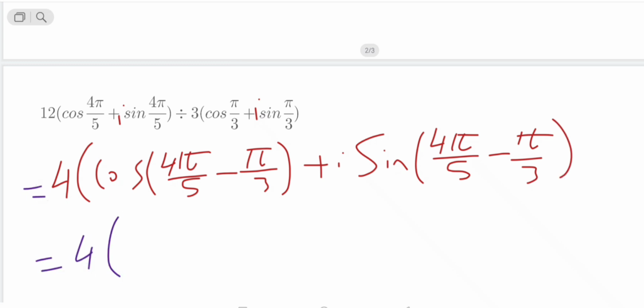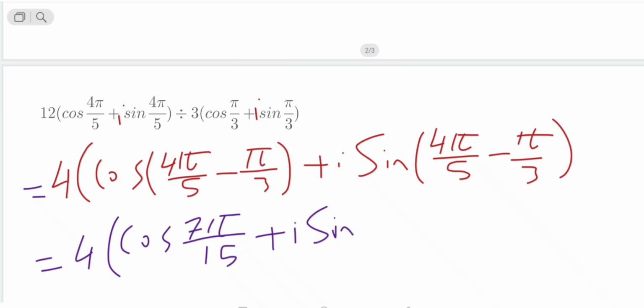When you subtract, it is equal to cos 7 pi over 15 plus iota sine 7 pi over 15. This is our answer.